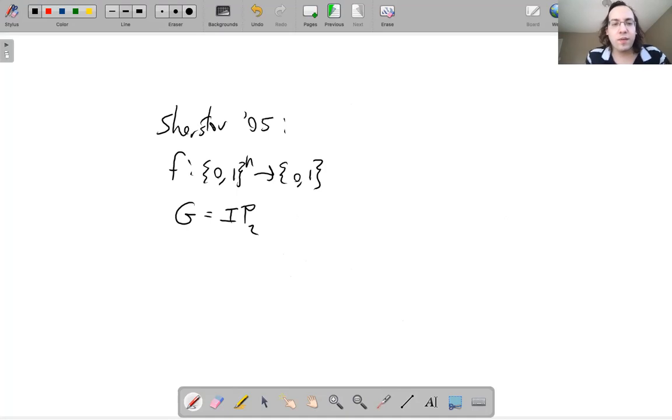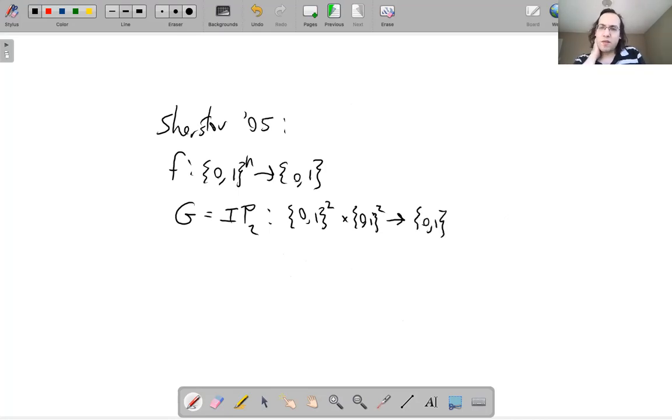This is a communication complexity function where Alice and Bob have 2 bits each. So it looks like this. So it's a simple communication function for inner product on 2 bits each.